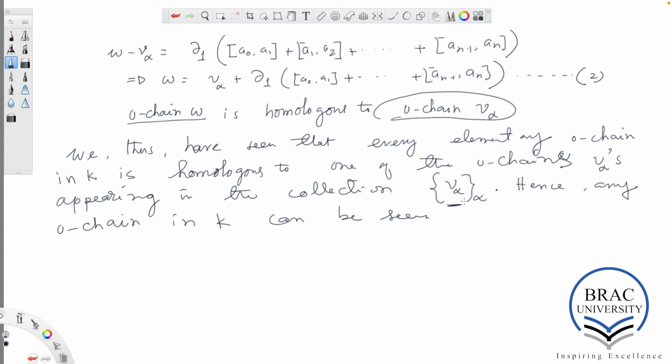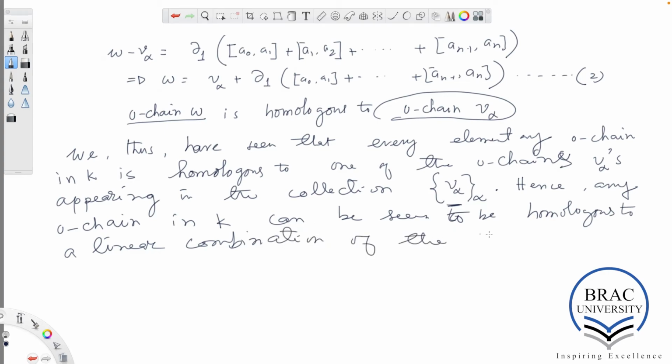Okay, so then if we pick up any zero chain from the complex K, that can be seen to be a linear combination of the elementary zero chains of the complex K. So that's why any zero chain in K can be seen to be homologous to a linear combination of the zero chains V alpha.